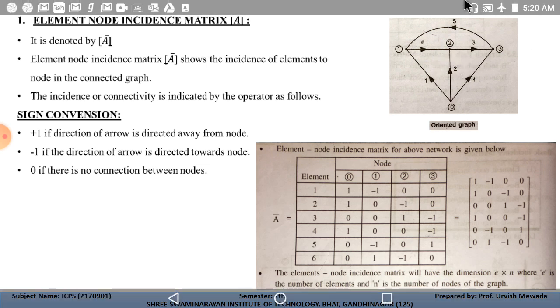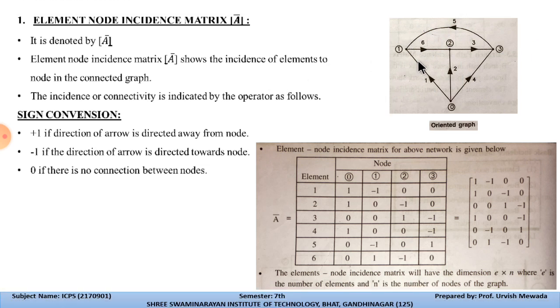Now the sign convention is very important to determine the element node incidence matrix. Please pay attention over here, this is the main part of the element node incidence matrix. It is positive if the direction of the arrow is directed away from the node.